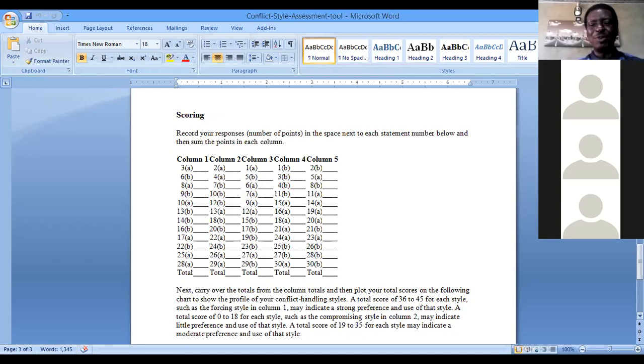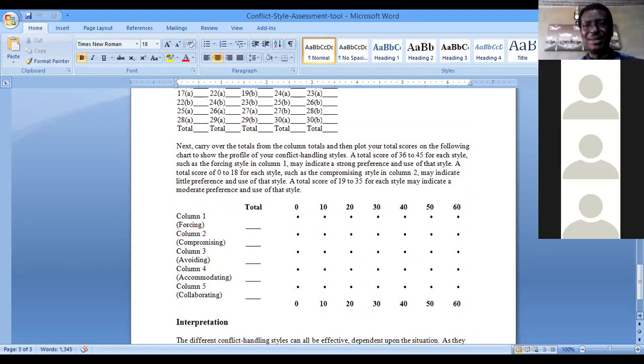Any column you had between 0 to 18 is your least preferred style. You have little preference for that style. Any style you have between 19 to 35, you have a moderate preference for that style. So let us see what the styles entail.